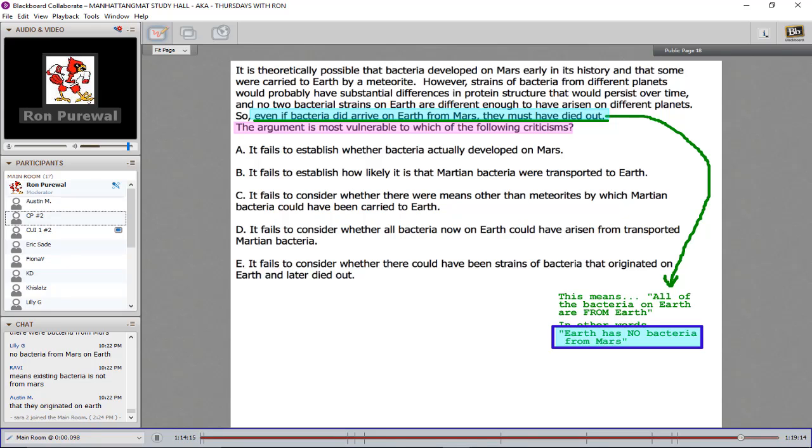So if you want to weaken this, you have to show that there could actually be Martian bacteria. That's what weakening this argument means: there could actually be Martian bacteria here on Earth.